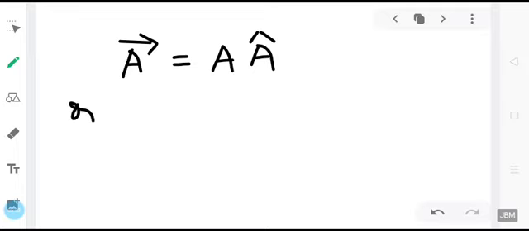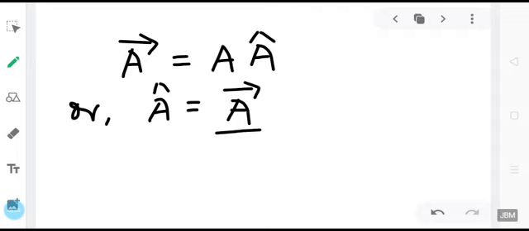So we can write down from here, the unit vector is equal to vector A divided by the magnitude. The magnitude is also referred to as the modulus. Now in some books you will find it is written somewhat like this.